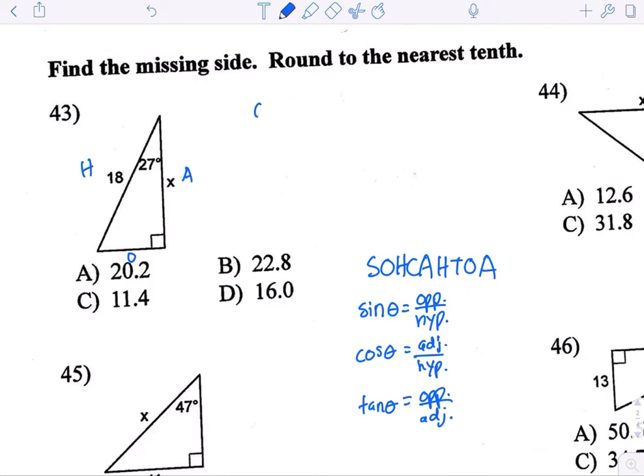So cosine of 27 is equal to adjacent x all over hypotenuse 18. To solve for this, you have to cross multiply. So x times 1 is just x equals 18 cosine 27. Punch this into your calculator, and it says round to the nearest 10th. Once you put 18 cosine 27 in your calculator and round to the nearest 10th, it's going to be 16.0. So that's going to be D.